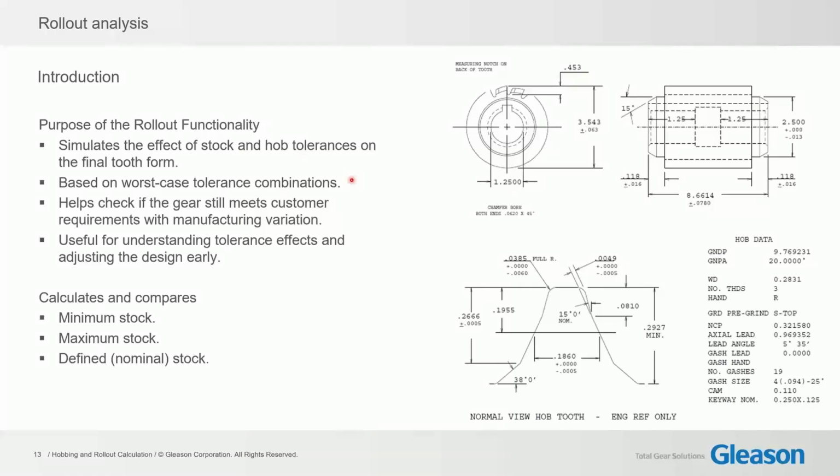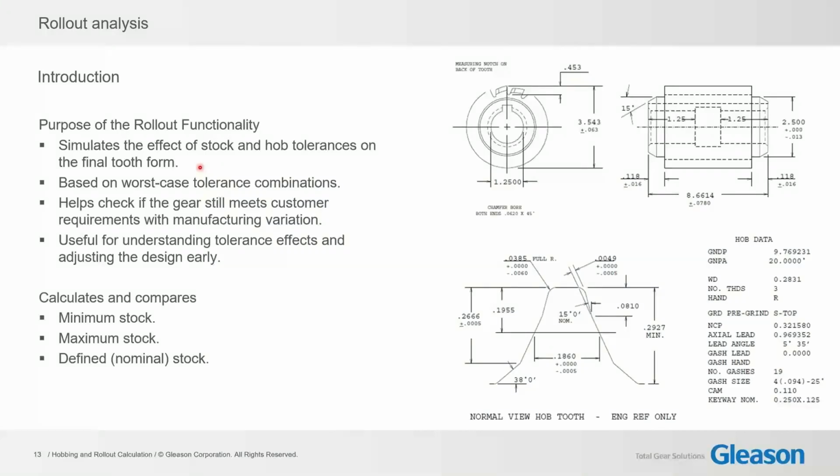Basically, the rollout analysis simulates the effect of stock tolerances, gear tolerances, and also hop tolerances on the final tooth form. Additionally, the rollout considers the hop tolerances and calculates different diameters, as we will see later on. It's based on worst case tolerance combinations.